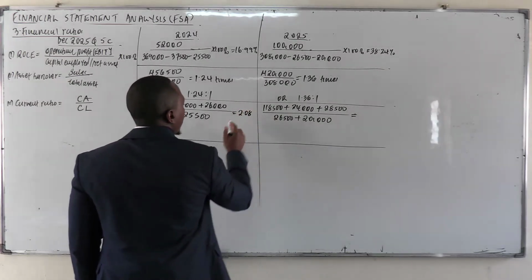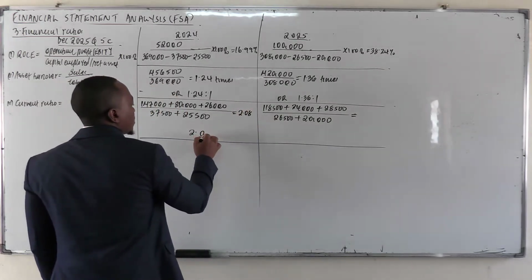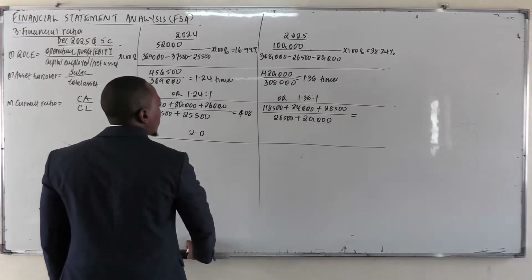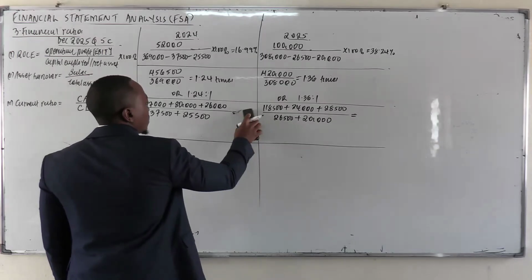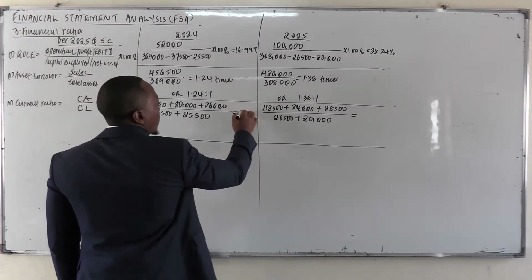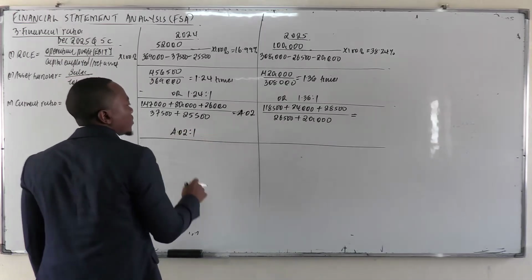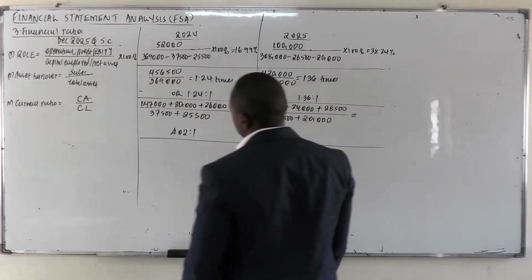So give me that. 2.02 times, or 4.02 is to 1, about 2025.